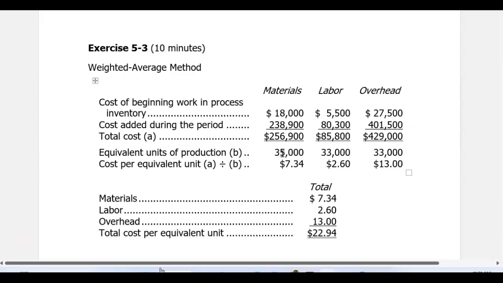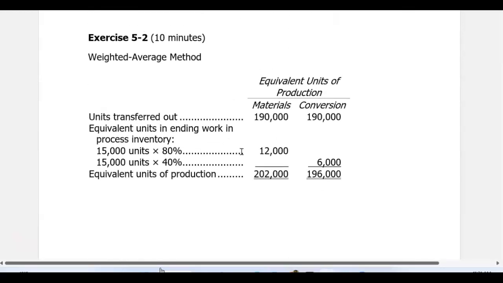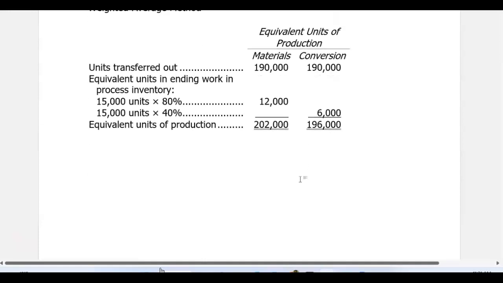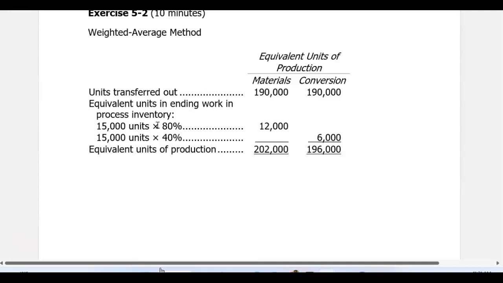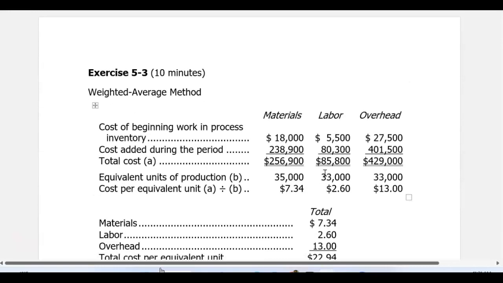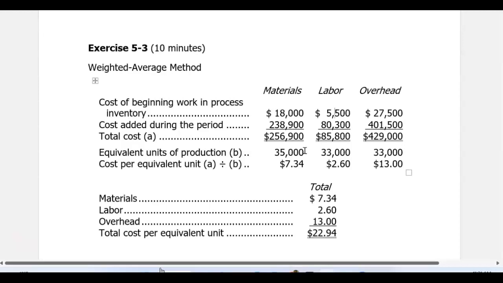So equivalent units of production, remember we calculated that and we learned how to do it, based on whatever we transferred out and what is left over, right? Remember that? Okay. So someone did that for us and gave us the numbers already. We appreciate that.